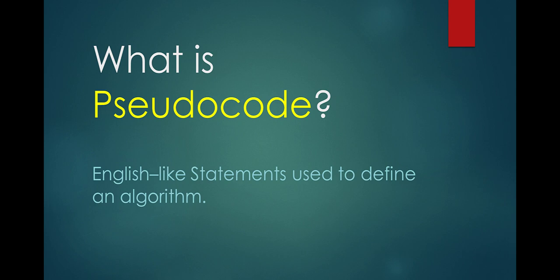So you use pseudocode to sort of have a feel or an understanding of how a program will function. But those codes cannot be run on any machine. So keep that in mind.